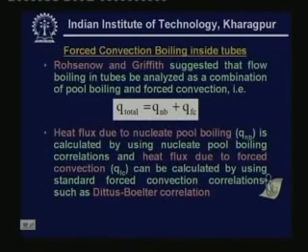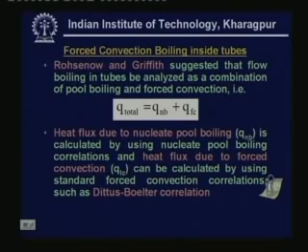Now let us look at forced convection boiling inside tubes. Rohsenow and Griffith suggested that flow boiling in tubes be analyzed as a combination of pool boiling and forced convection. That means the total heat flux Q_total is equal to Q_NB plus Q_FC, where Q_NB is the heat flux contribution because of nucleate boiling, and Q_FC is the heat flux contribution because of forced convection.